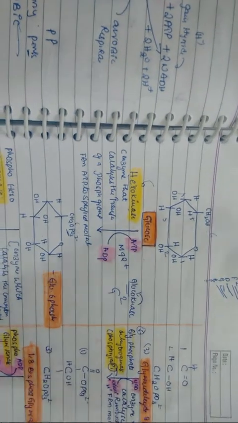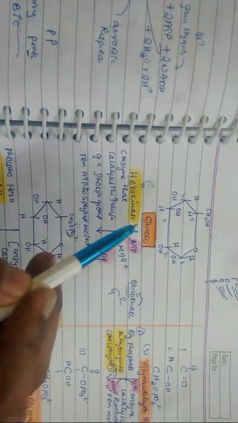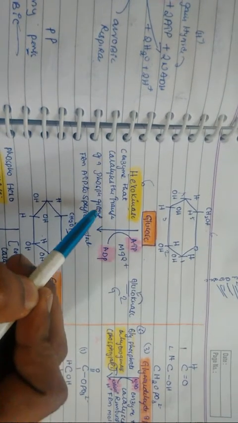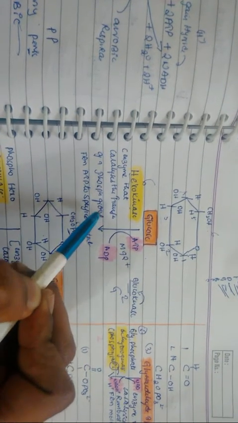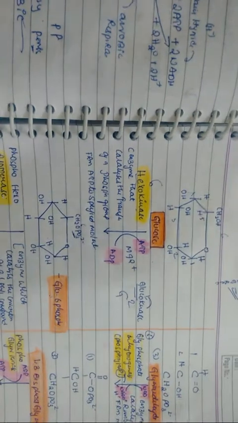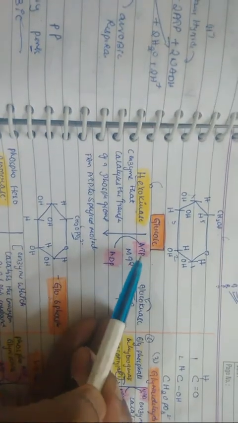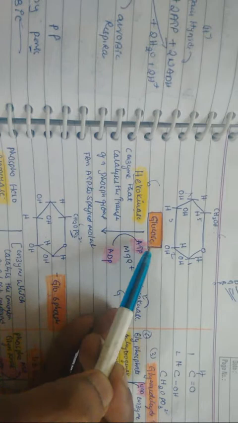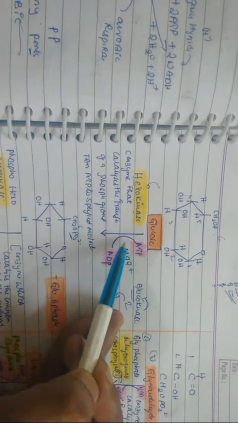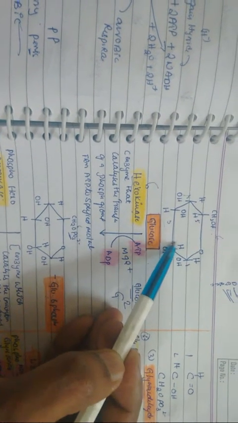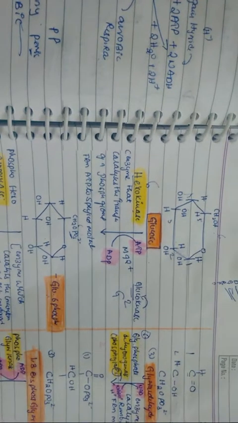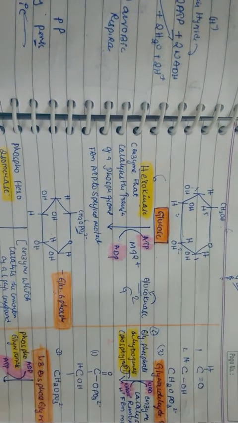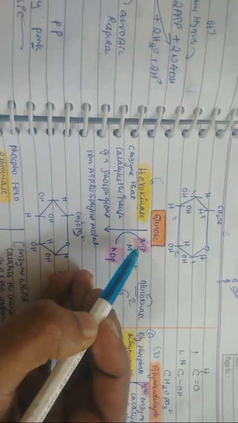Hexose. Now what is kinase? Kinase is an enzyme that catalyzes the transfer of a phosphate group from ATP to a specified molecule, and the molecule specified here is glucose. So the enzyme hexokinase is grabbing the phosphate from the ATP.